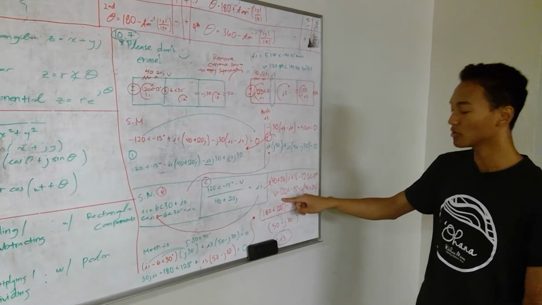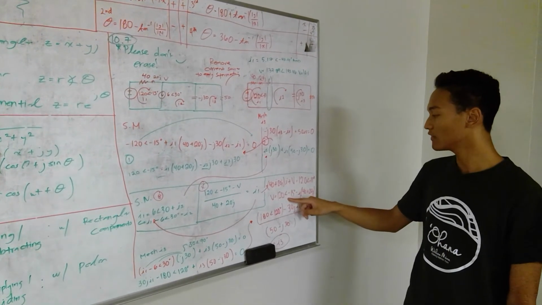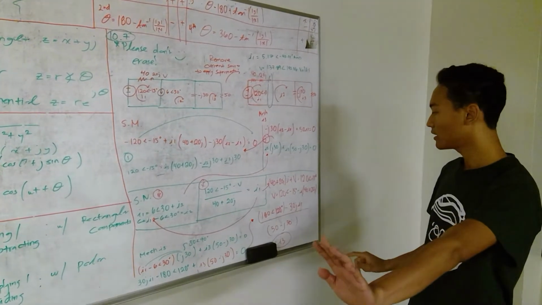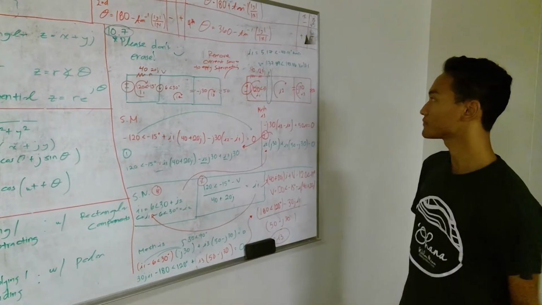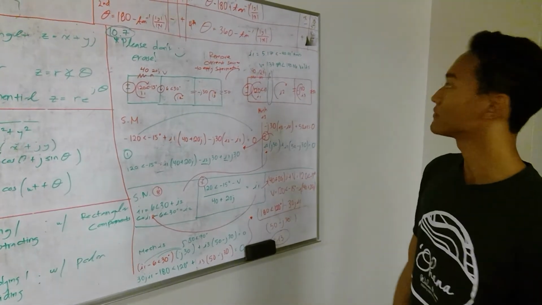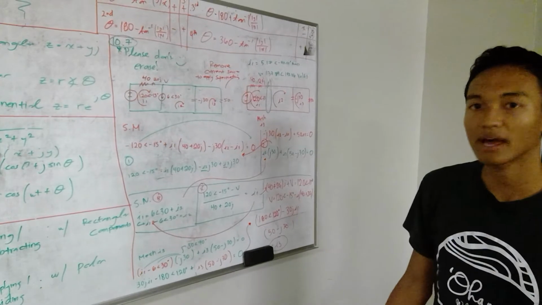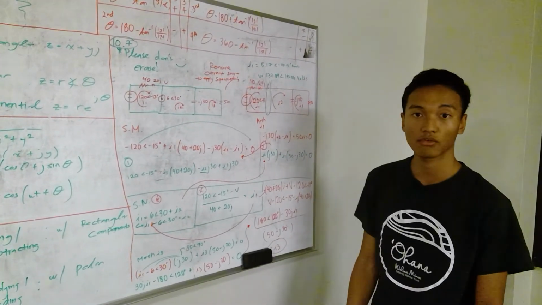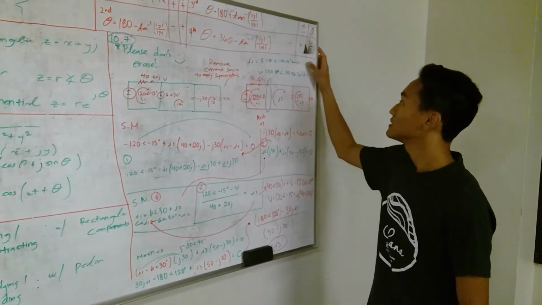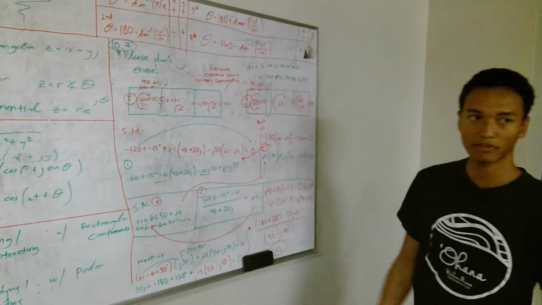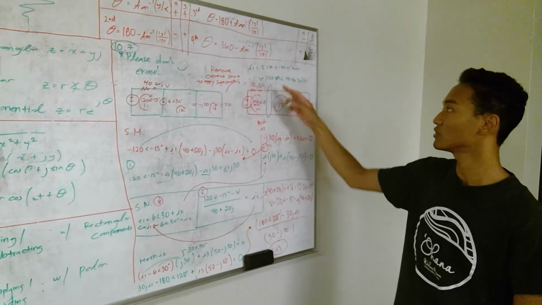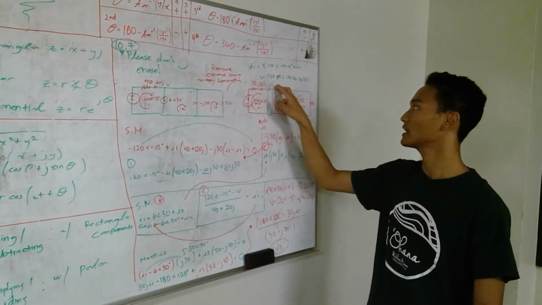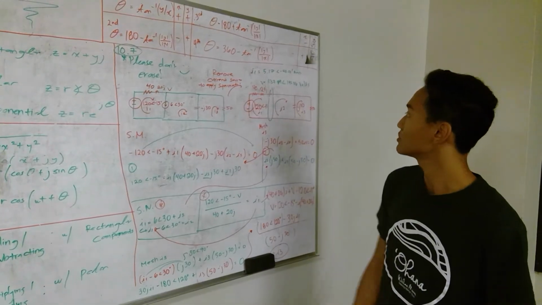Your V should equal 120 angle negative 15 degrees minus I1 times 40 plus 20J. From doing all that math, I found that my current is 5.17 angle negative 40.01 amps. Plugging into this equation, I find my voltage of 137.89 angle 142.06 volts.